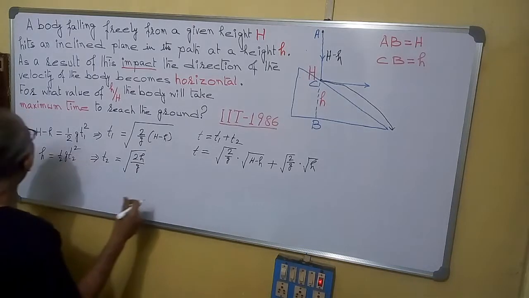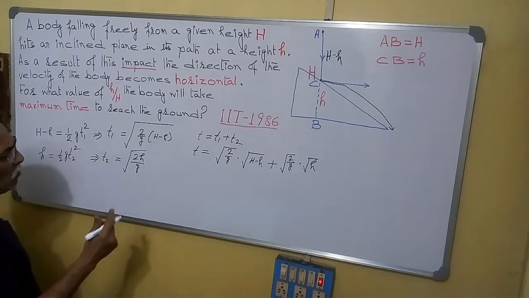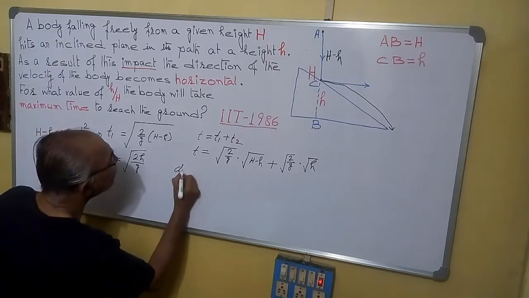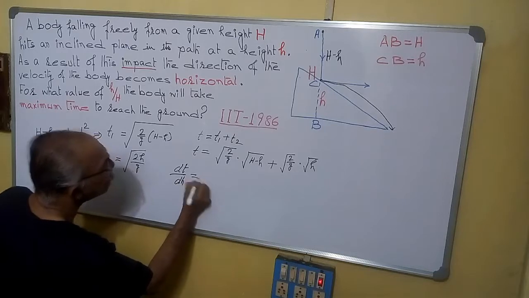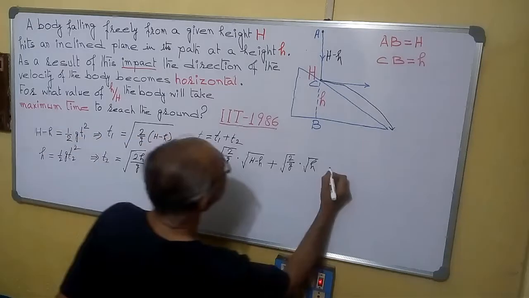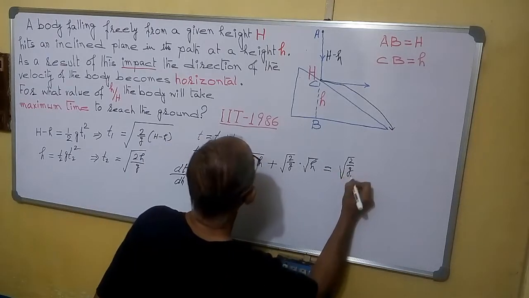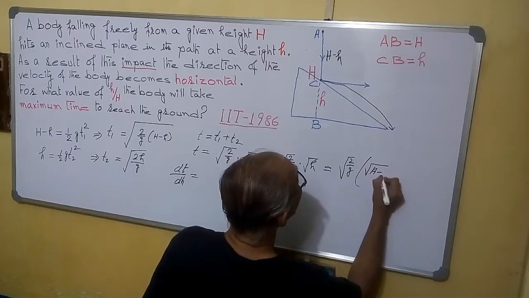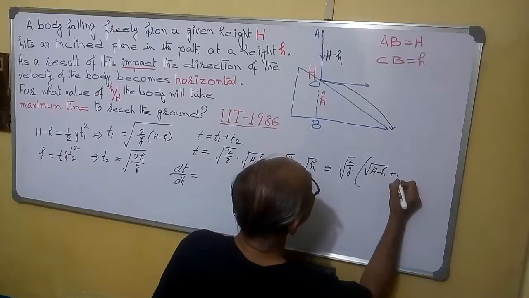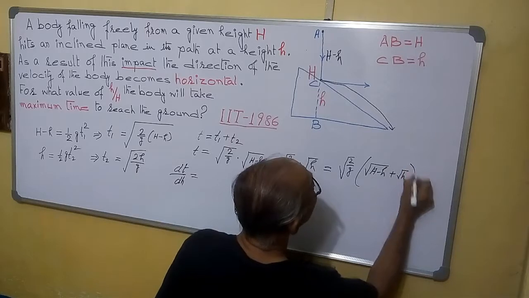Now it requires maximum time. For maximum time we know dt by dh will be 0. So what is dt by dh? We can take root of 2 by g common. Then what remains is root of H minus h plus root h.